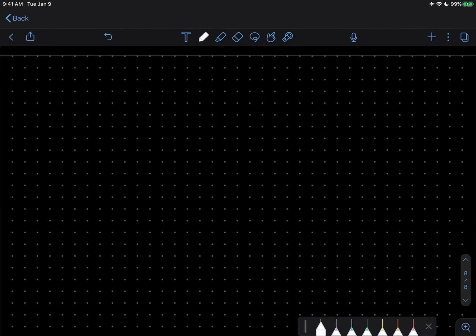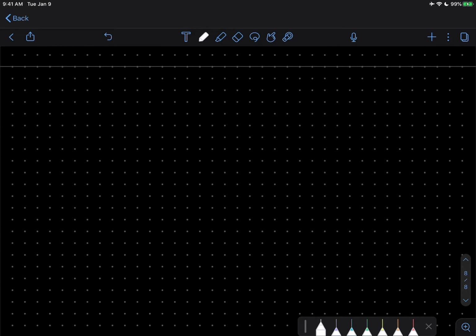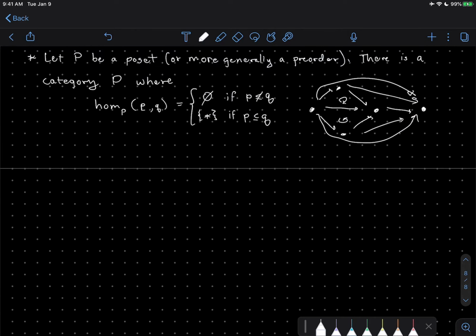The one thing we can say is that a category can be generated by a graph. Okay, so that's a really, really important class of examples.